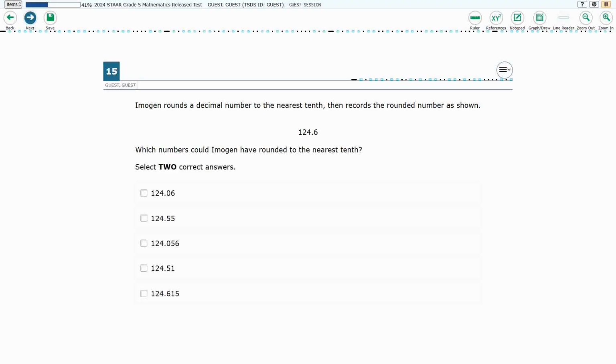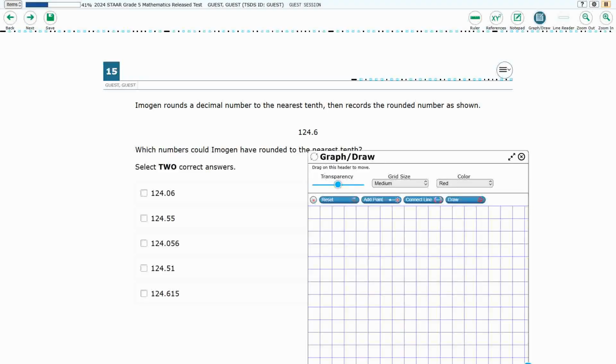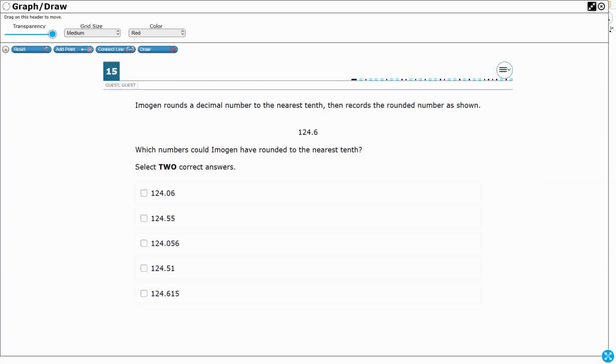For number 15, we are rounding decimals. This is standard 5.2C. So Imogene is rounding a decimal to the nearest tenth. Okay, so 124.6 to the nearest tenth, which means there's going to be something here in the hundredths place.